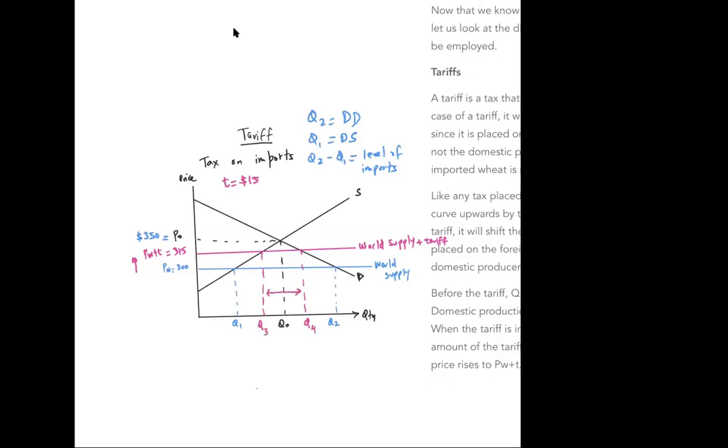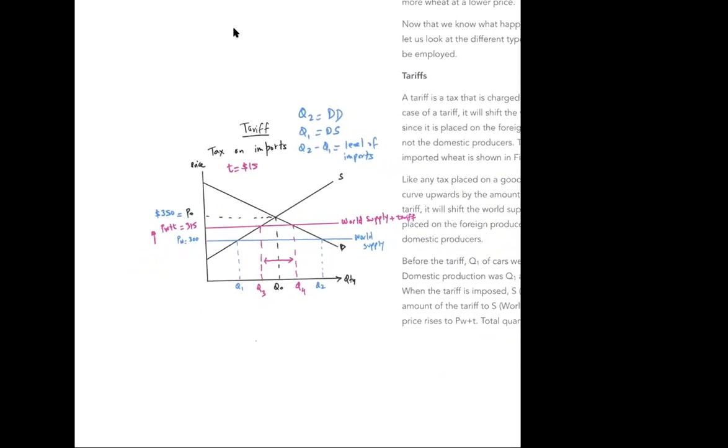A couple of things have happened, guys, which we need to understand. When you put a tariff, you made the good, which was $300, become 315. What did that do? Number one, if you take this line all the way here, this point here, let's call it X.